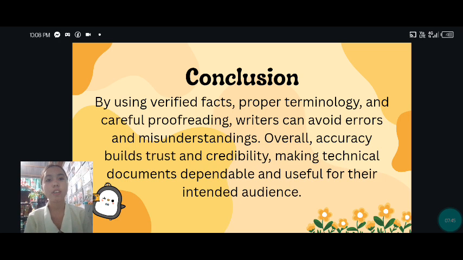So by using verified facts, proper terminology, and careful proofreading, writers can avoid errors and misunderstandings. So overall, accuracy builds trust and credibility, making technical documents dependable and useful for their intended audience.